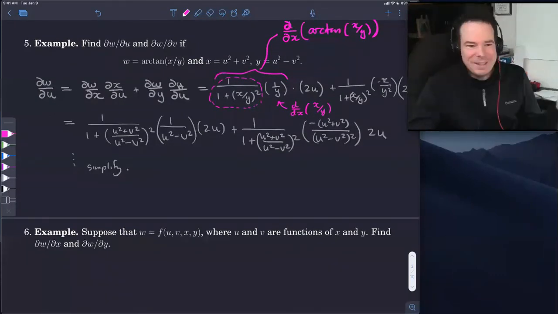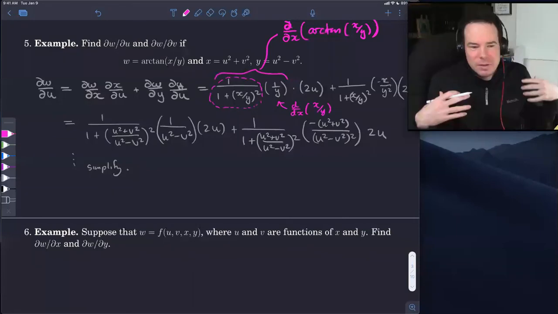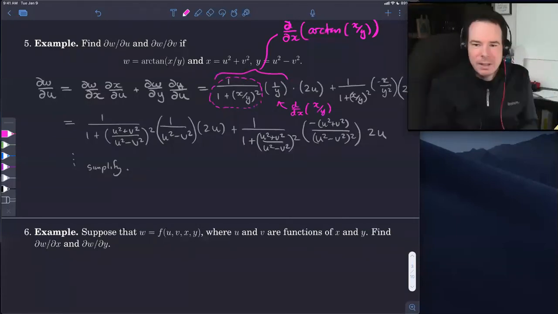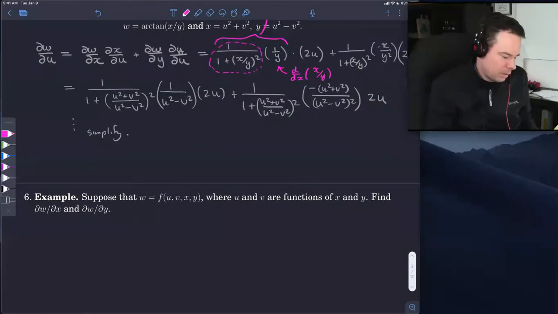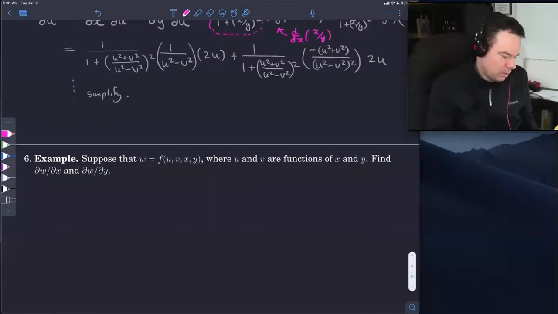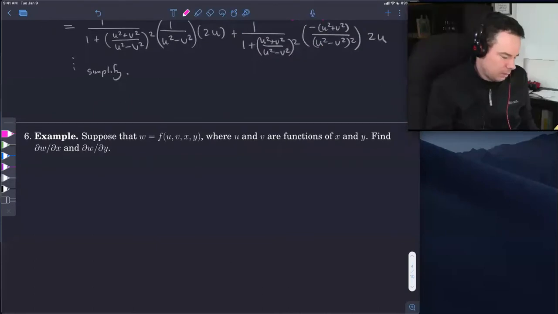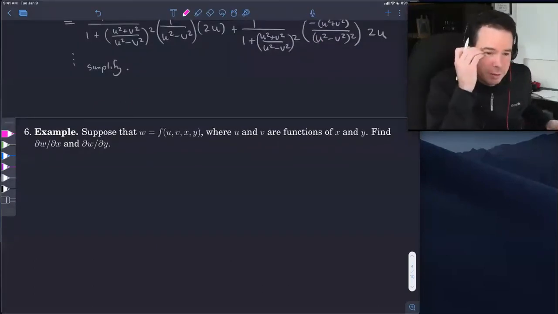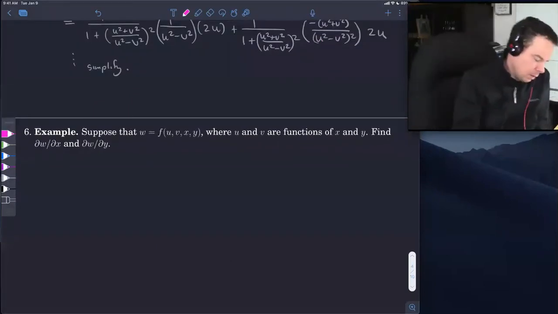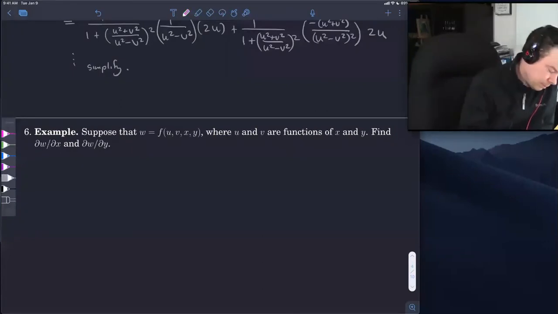Yeah, never simplify. If it's just compute the derivative, leave it like this. For assessments, leave it like this. If you're then asked to do something with the derivative, better to have it in a simplified form to work with. Otherwise, it's just more complicated to work with it in this form. But if it's just what is the answer, leave it in this form, because this shows me how you actually calculated it, which is what I'm interested in, not the final answer.